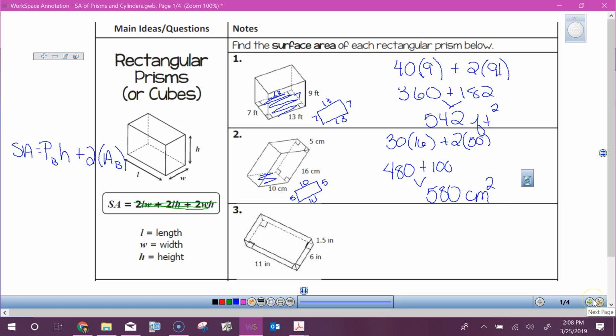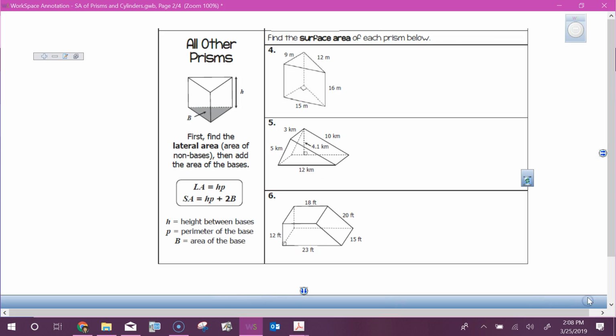Okay? Rectangular prisms are pretty self-explanatory, right? They get a little bit different when you've got other shapes as your bases. So if I'm looking at number 4, first of all, what is my base? What shape? It's a triangle.